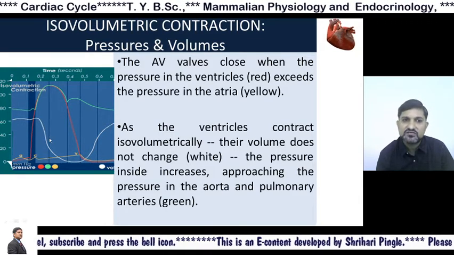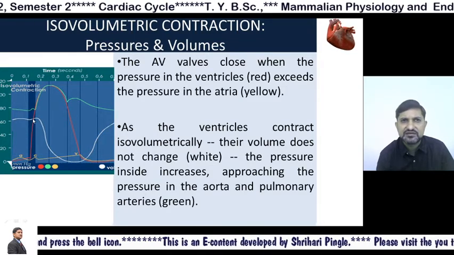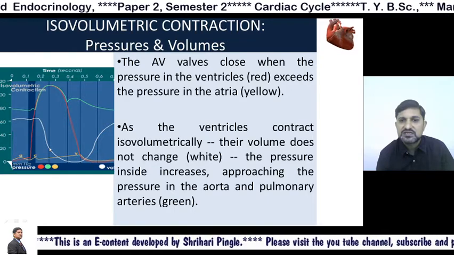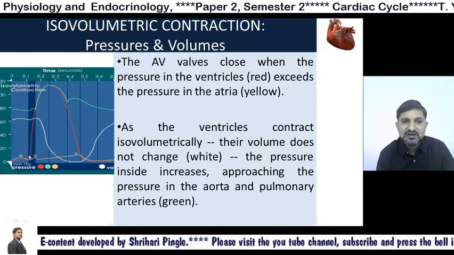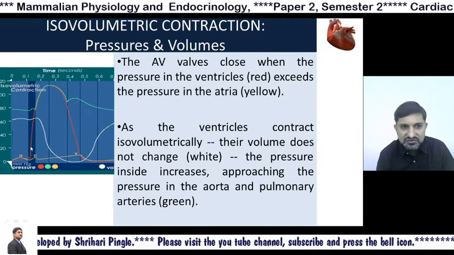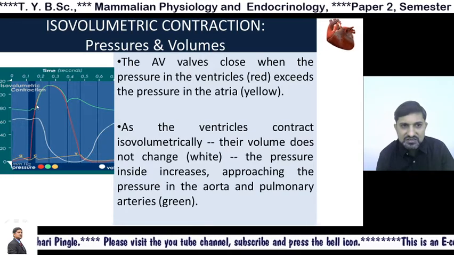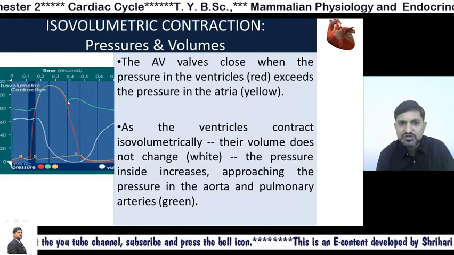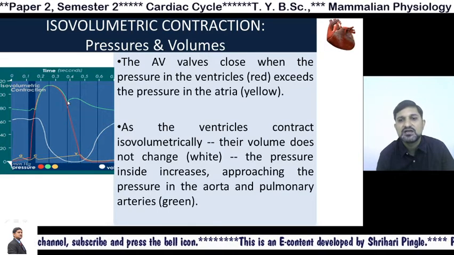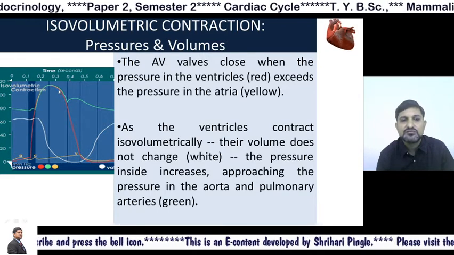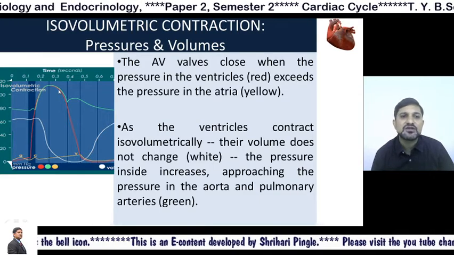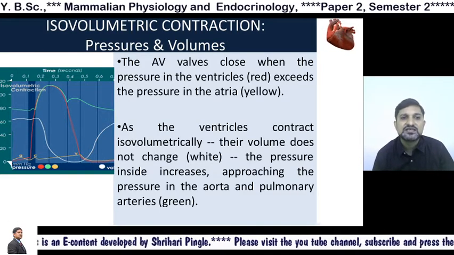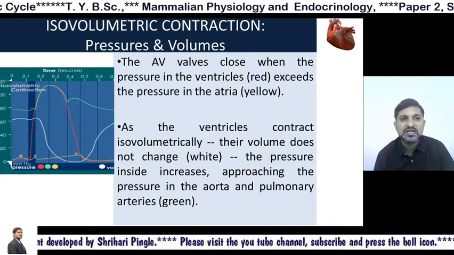So the volume of the blood depicted by the white line remains constant, but the pressure depicted by the red line will begin to increase. Now you see that this red line starts approaching the green line. This green line is actually the pressure of blood in the aorta and pulmonary arteries. We already know that the blood pressure range in the arteries, pulmonary arteries and aorta is 80 mm of Hg to 120 mm of Hg.